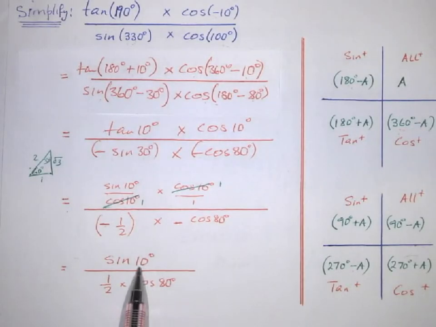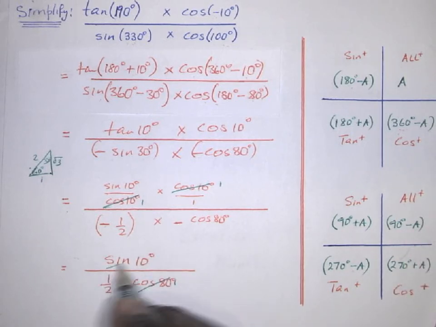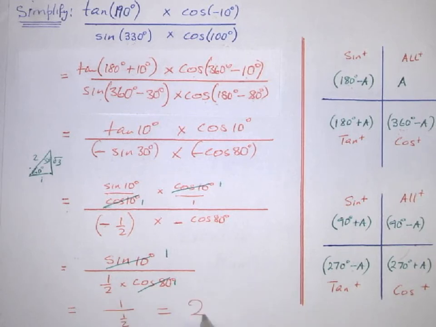Therefore, if I add these two, that's 90 degrees, so sine of 10 is the same as cos of 80 degrees, which means that we can cancel this one, it goes once, because they are the same thing. So the answer that I'm left with is 1 on top, which is divided by half. And what is our final answer? How many halves in 1? There are 2. So the answer is 2.